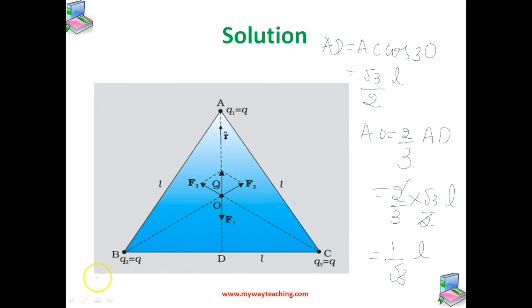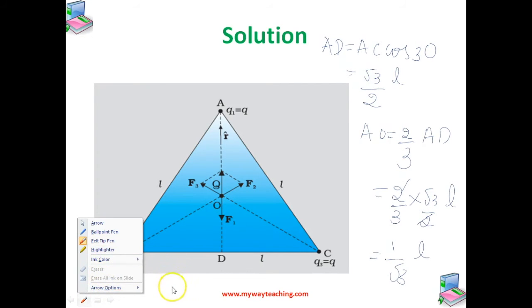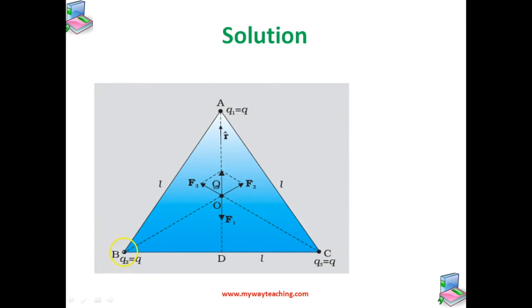Okay. Now let us consider the forces. The force on charge Q, which is at the centroid, that is force F1 on Q due to charge Q at A, is given by 3 by 4 pi epsilon naught Q square by L square.